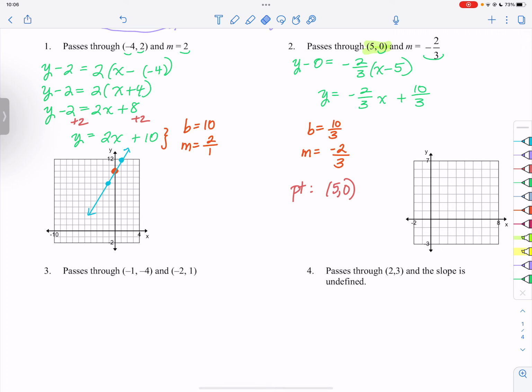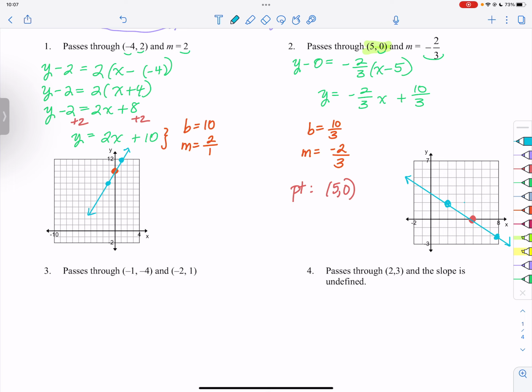Since this is a fraction, we can actually have a better sketch. 1, 2, 3, 4, 5. There's that point. And now with this slope, we're going to go down 2 to the right 3. We can also go up 2 to the left 3. And then connecting these points, we can plot it just like that.